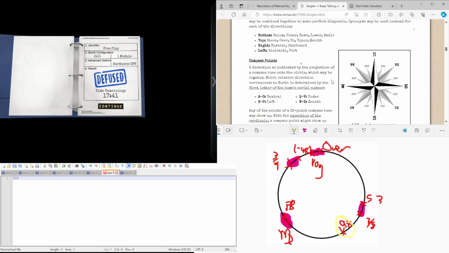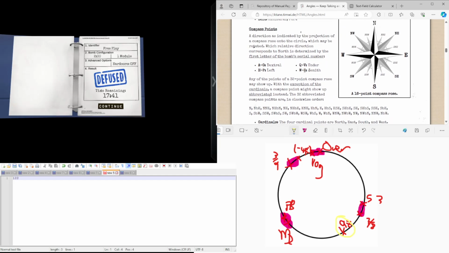It might be pointing, use this, the first letter of the bond serial number, A to G, H to P, Q to V, or W to Z, where these words you can find up here to find out what they mean. Tells you where north is, and then you rotate everything round relative to that.